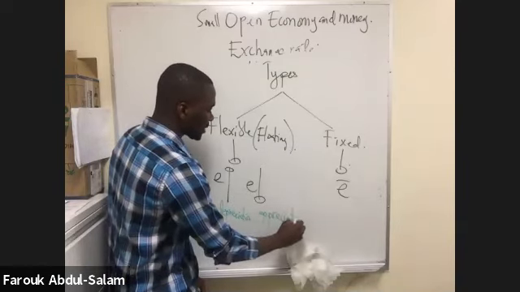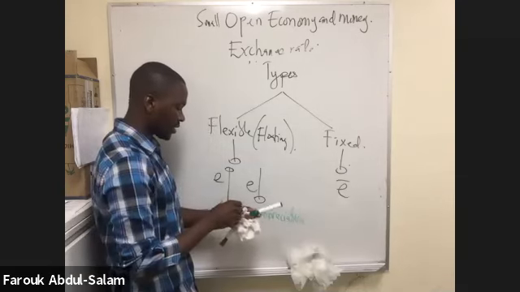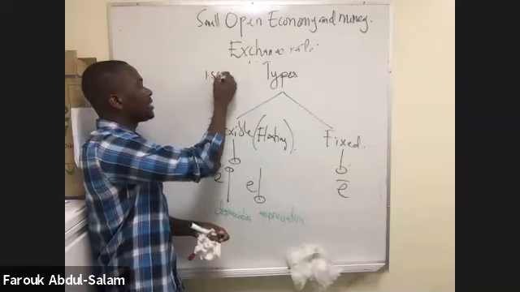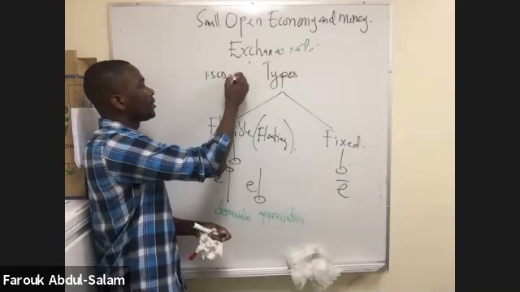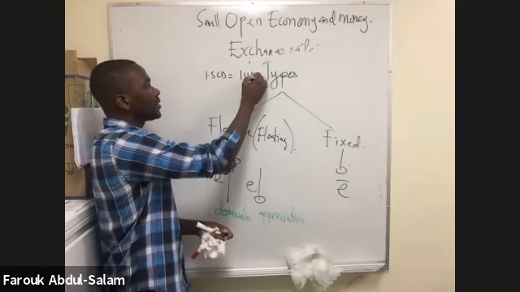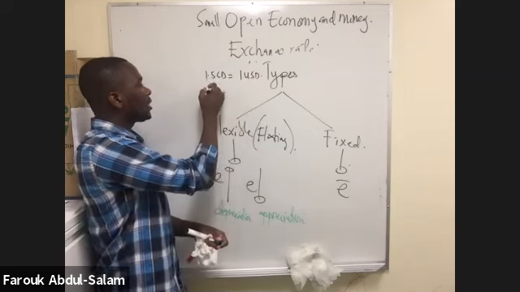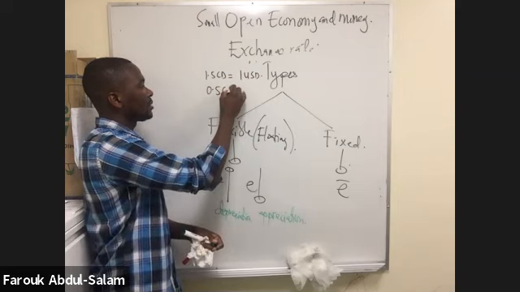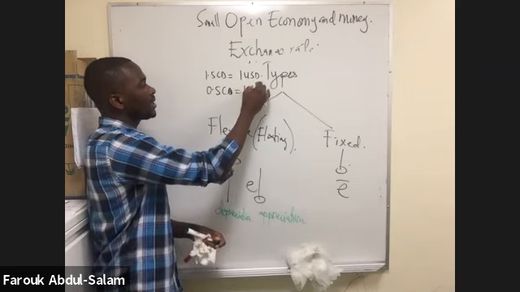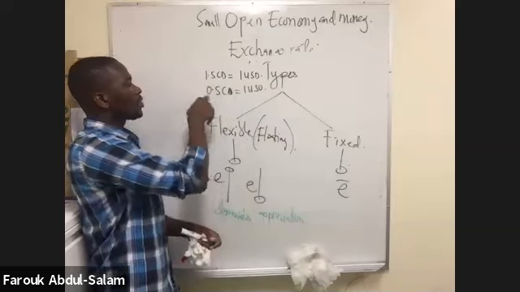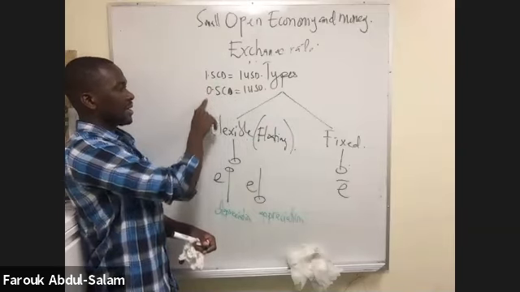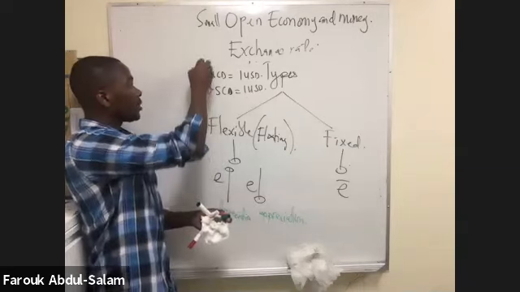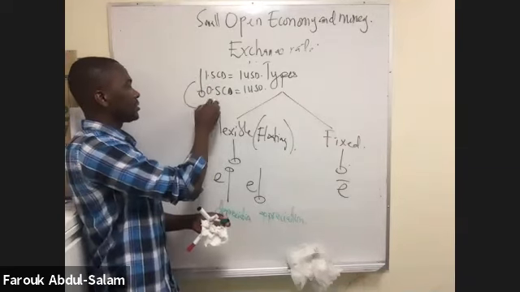If you want to understand this further, take the situation where you have USD. If you have 1.5 Canadian to buy you 1 USD, and you now have 0.5 Canadian to buy you 1 USD, because you now need less Canadian to buy the same amount of USD, we call this movement an appreciation.